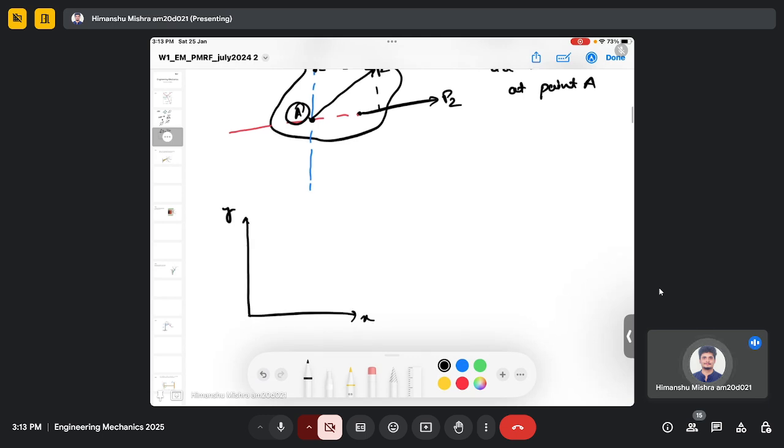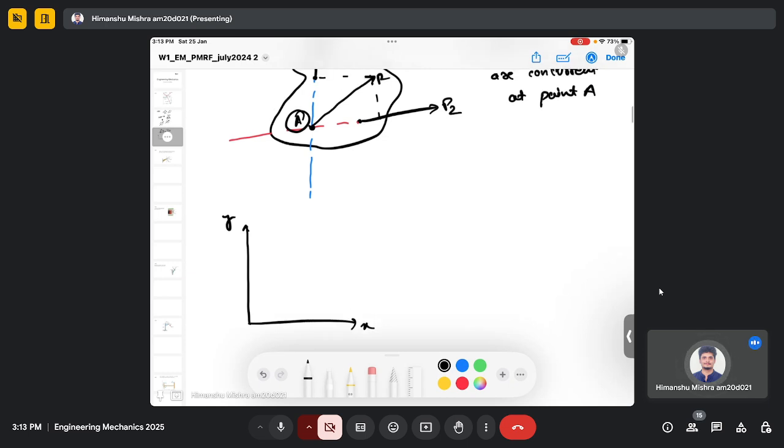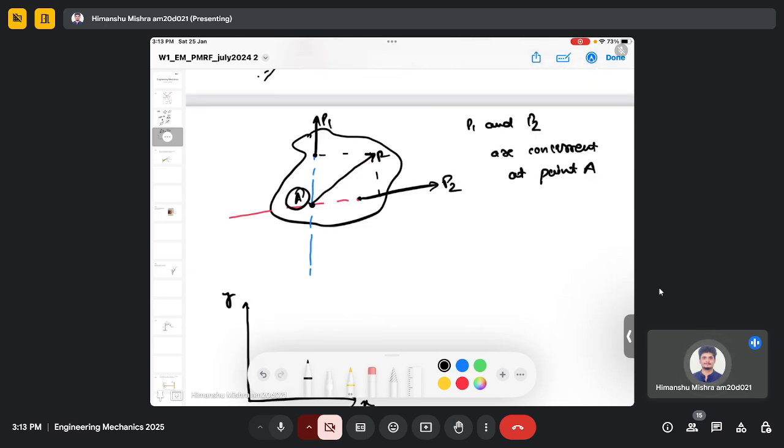One of the reasons that considering the coordinate system is almost compulsory is that forces are vector quantities. So you need to define the force not only with its magnitude, but also its direction. For example, here we define the direction of P1 in the vertical direction, and the direction of P2 in the horizontal direction.